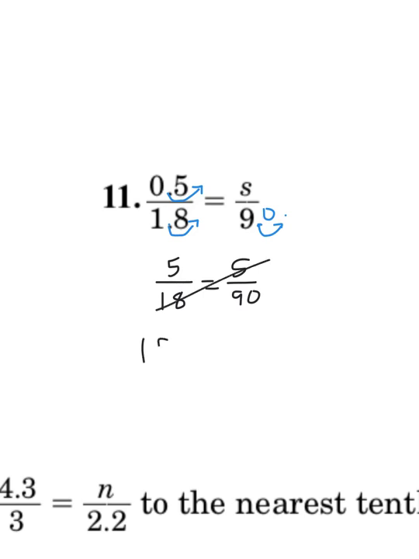Okay, 18s. Oh, wait, I'm going to make it a little cursive s. Equals 5 times 90 is 450.